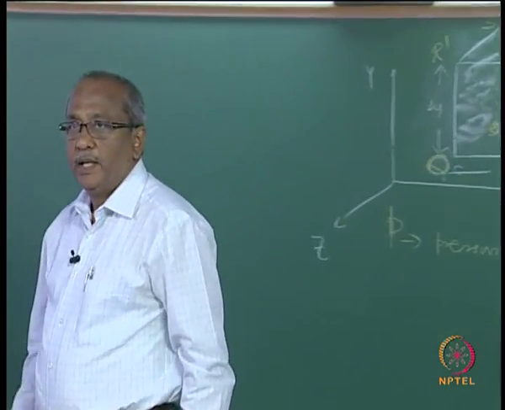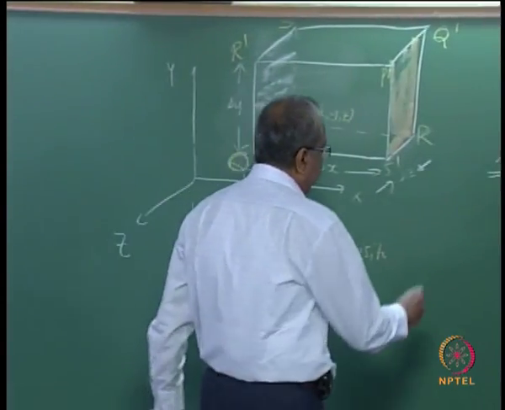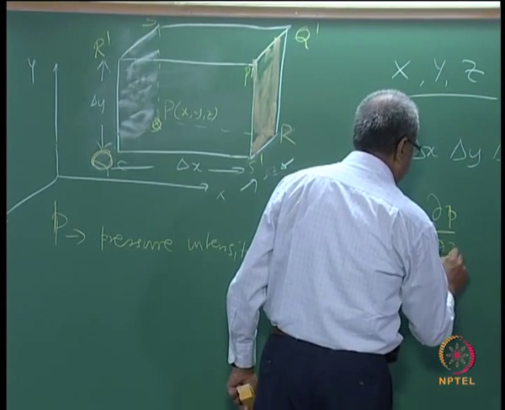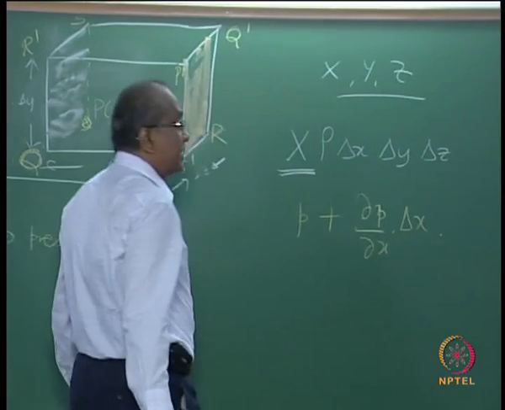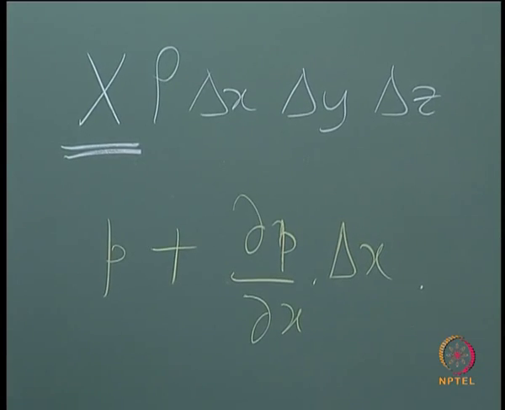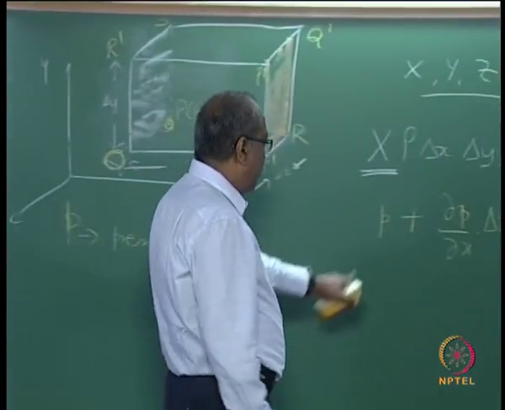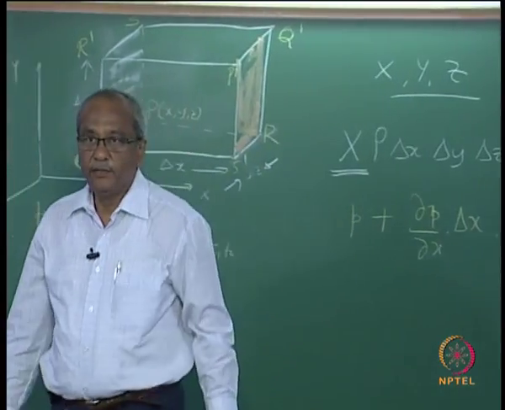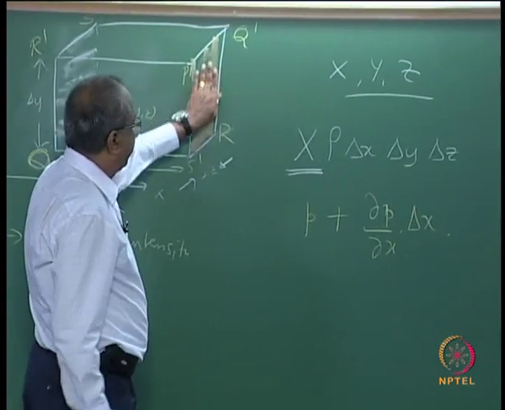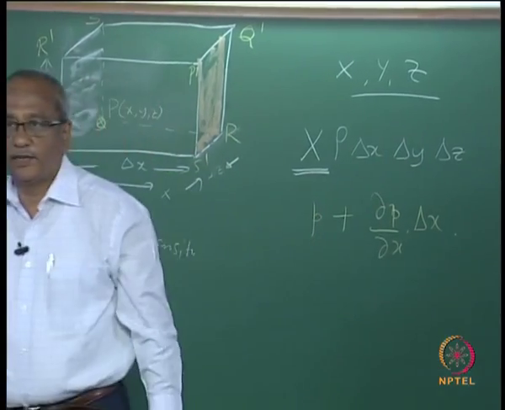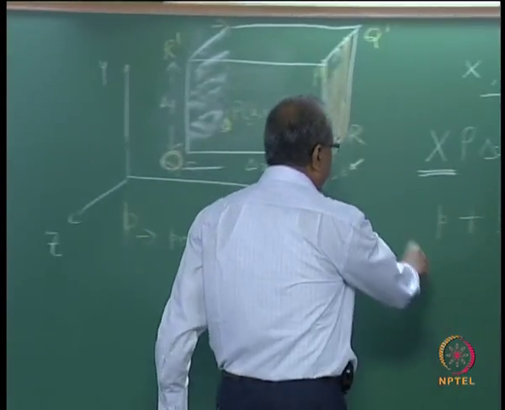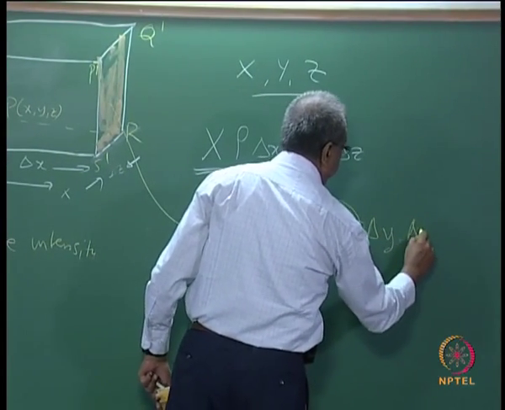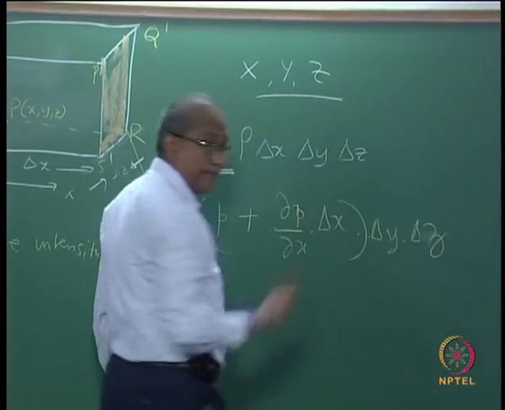That is the reason why you have p plus dou p by dou x into delta x. This is the pressure intensity on this face. Similarly you get the pressure force on that face, which means this pressure intensity multiplied by the area, that is what is clearly defined here. Is that clear?